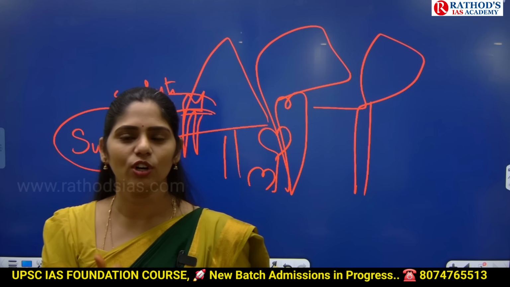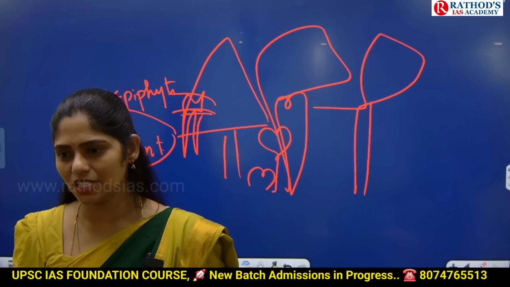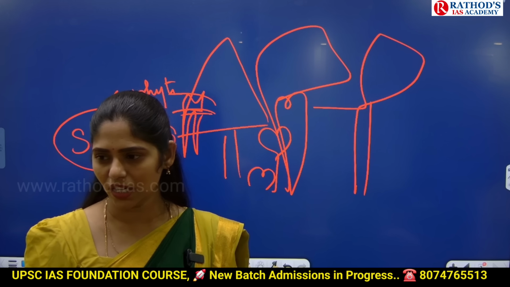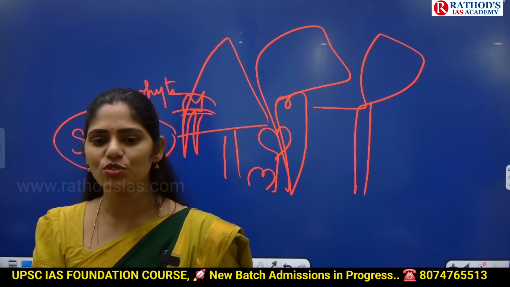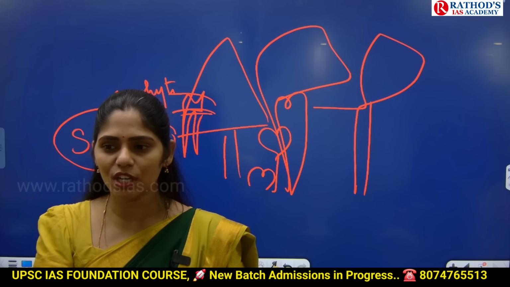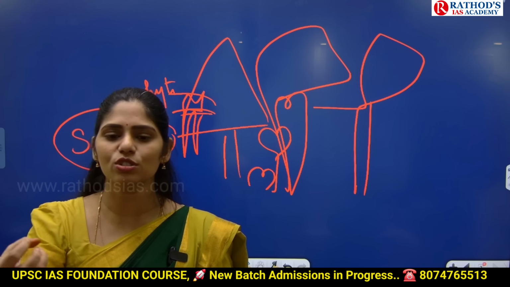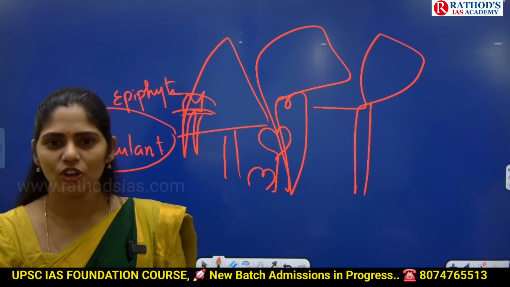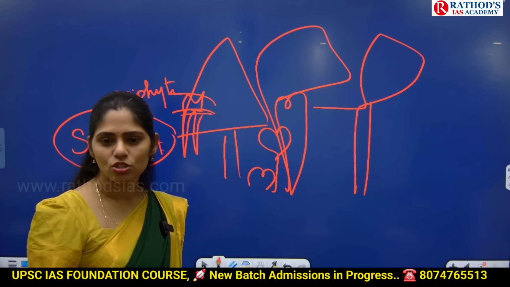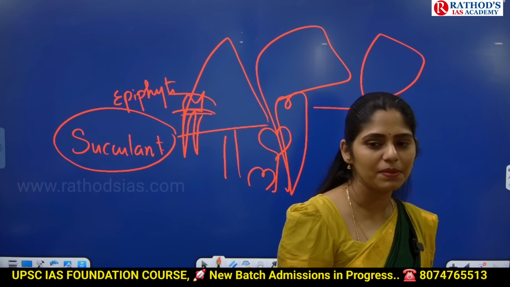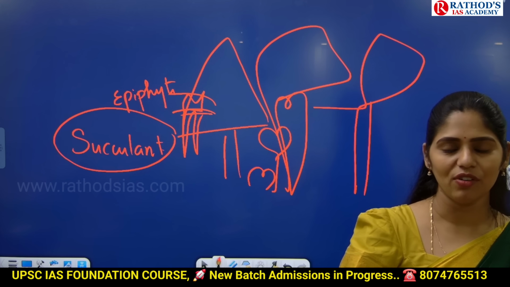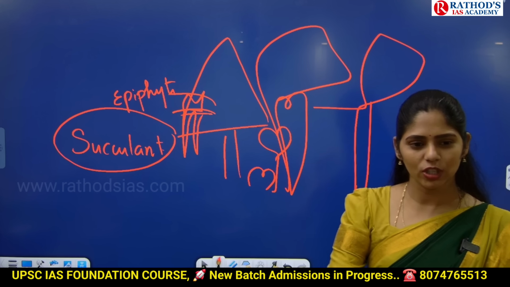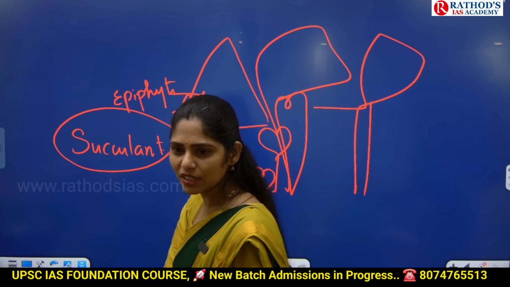In deserts, the rainfall is very less and the availability of water is very less. So the plants living in that condition adapt to that environment. They try to store water. Next, they have a greasy coating so that they prevent transpiration. And next, they have very deep roots so that they can absorb water from the ground.